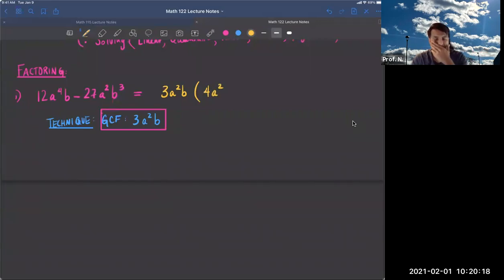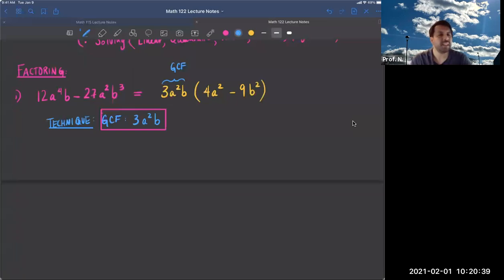It's 4a squared, not just 4a. And then when I take out the 3, I get a minus 9, and I get a b squared. Everyone agree? So all I did was, this is my GCF, and I factored it out.